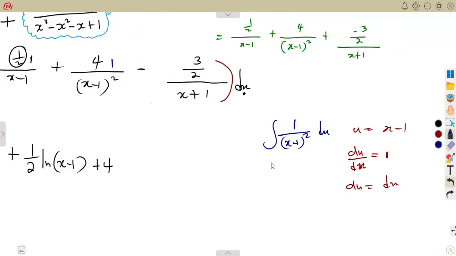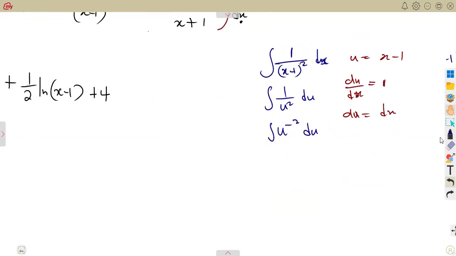So this, it means we got 1 over x minus 1 squared, which is u to the exponent of 2. And this dx is the same as the du, as we obtained that du is equal to dx. So this is simply going to be the integral of what? u to the exponent of -2. Remember, we can raise this to a negative exponent. So integrating this is simply going to be a +1 there, which is u to the exponent of -1 over the new exponent.